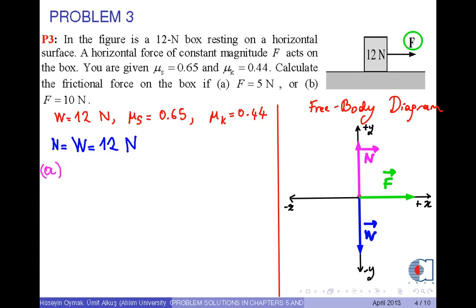Now, when F equals 5 newtons, and since it is less than Fs max, which is 7.80 newtons, then the frictional force, which is denoted by small f, is found to be a type of static frictional force, and it is denoted by Fs, which is equal to the magnitude of the external force capital F, that is 5 newtons.